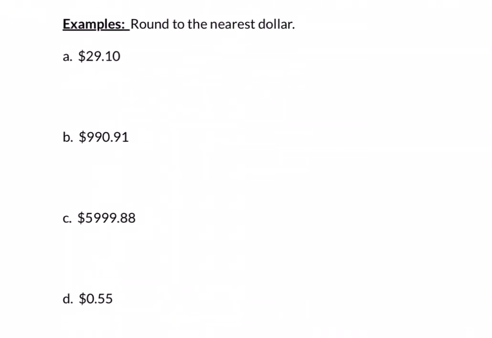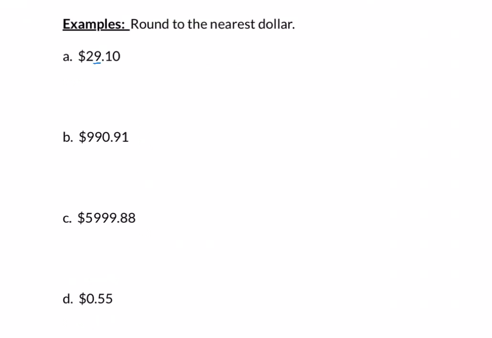So remember, for this we want to round to the nearest whole number, meaning I don't want anything after the decimal place. Even if you put 0.00, that's saying to the nearest cent. That is $29.00, and that's not what I want. I just want dollars. So for instance, on this one, example A, we are rounding to the nearest whole number.